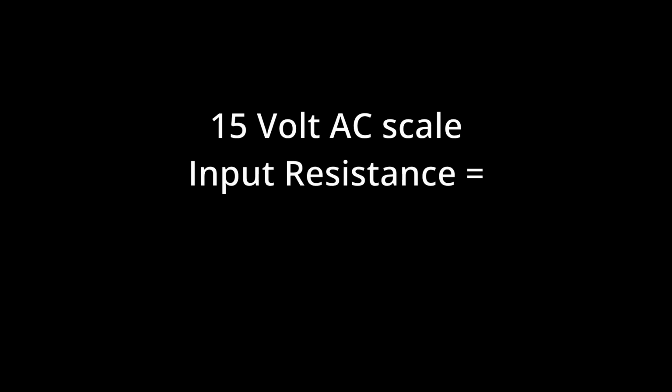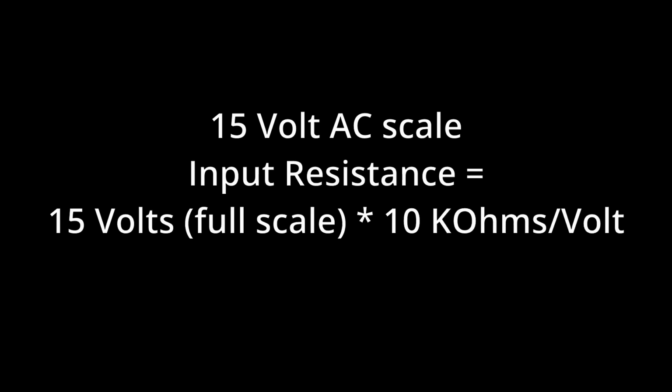If I'm using the 15 volt AC range, the input resistance of the meter would be the voltage of the scale, 15, times 10 k ohms per volt, which would mean the input resistance would be 150 k ohms.